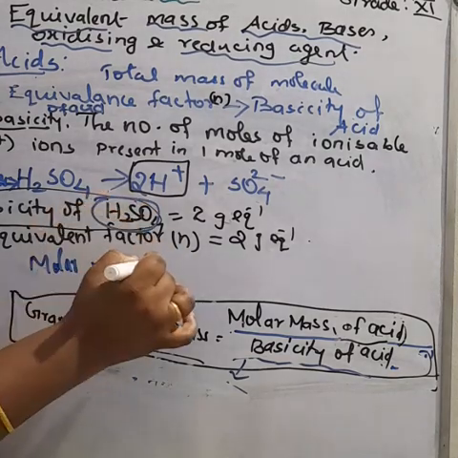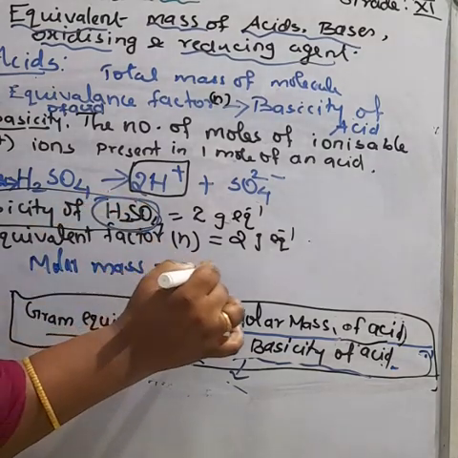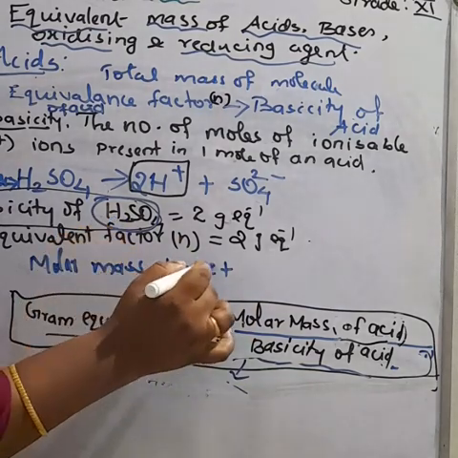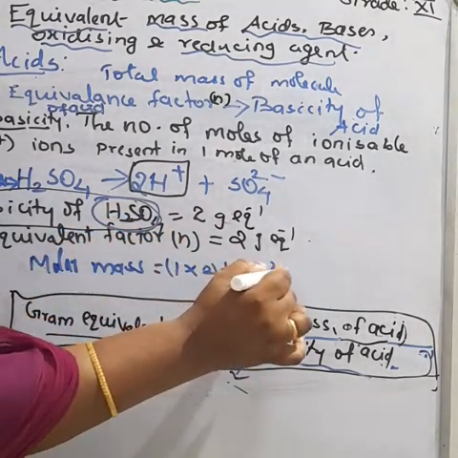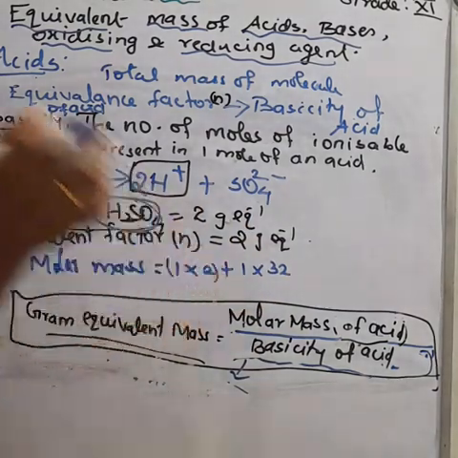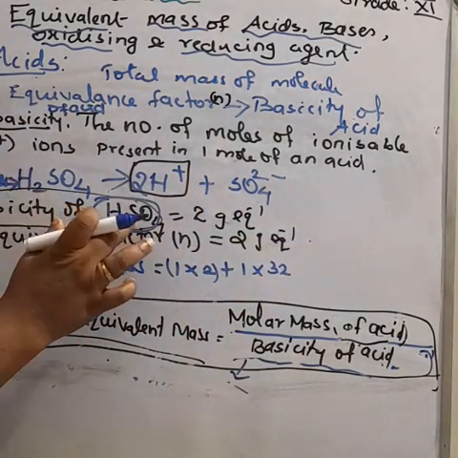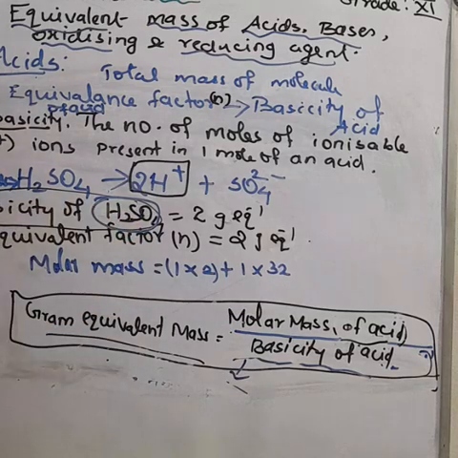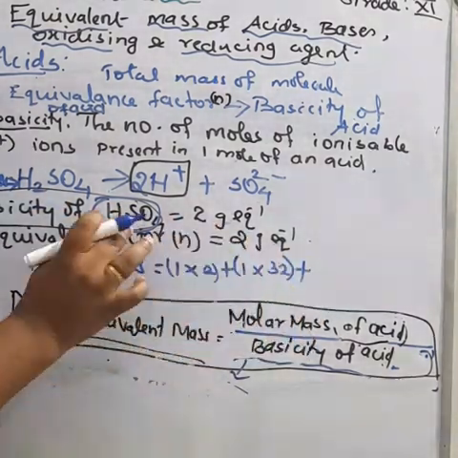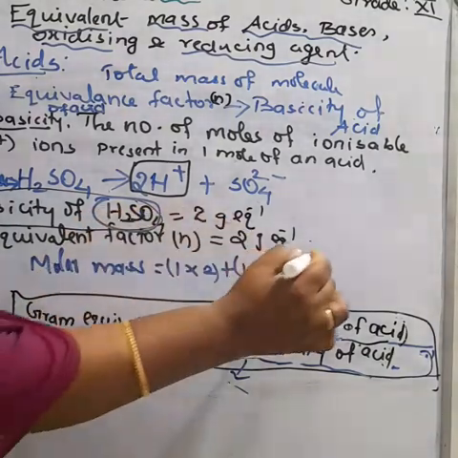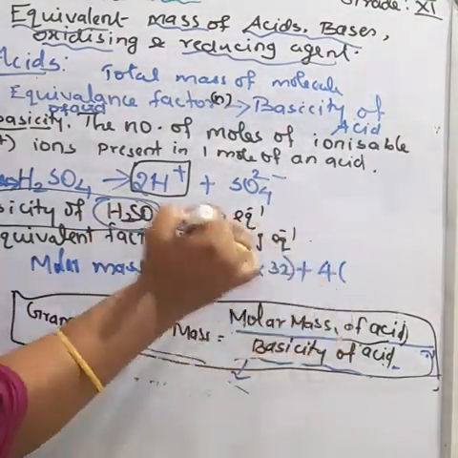Okay, plus sulfur. How many sulfur atoms are there? Only 1, into the atomic mass of sulfur, 32. Yesterday I wrote the atomic mass of some elements. You should study that. Plus, how much oxygen is there here? 4, 4 into the atomic mass of oxygen, 16.